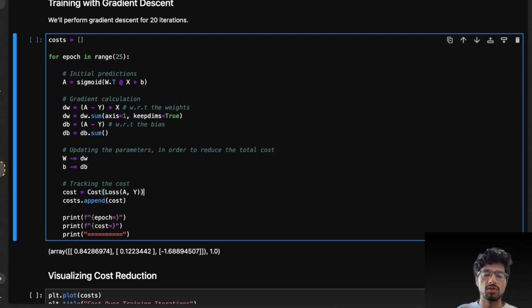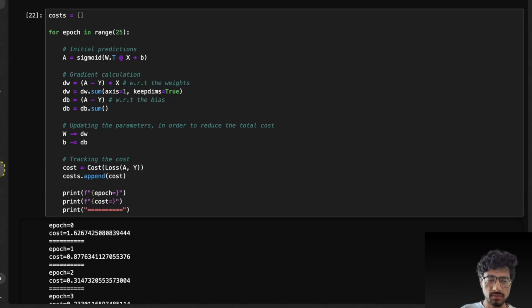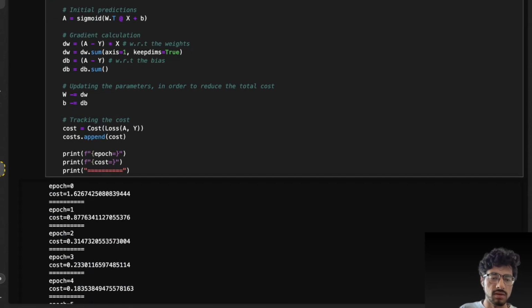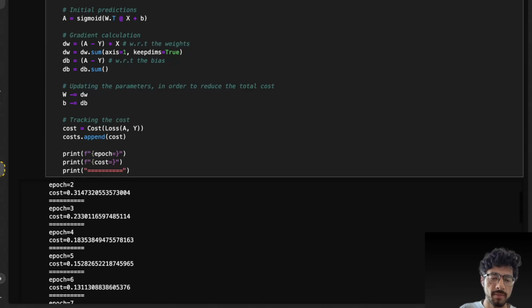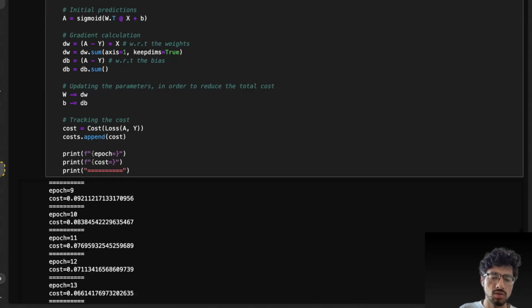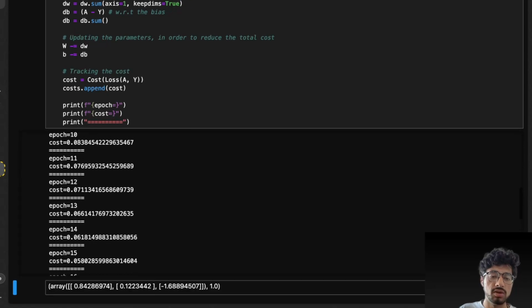And then we're going to print out the cost so we can see after each iteration how good our model is doing. So let's run this algorithm 25 times. And now you see the cost is going down quite rapidly, I would say. And then it kind of slows down, and then 0.03.